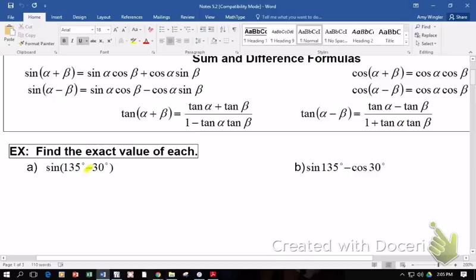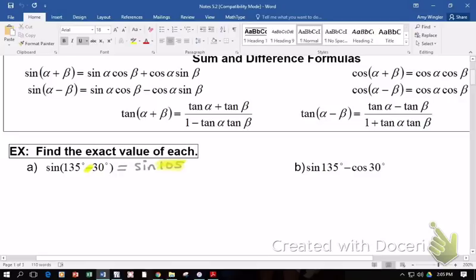We don't want to subtract what's inside the parentheses because if we did that, we would get the sine of 105 degrees. And 105 degrees is not on a unit circle.